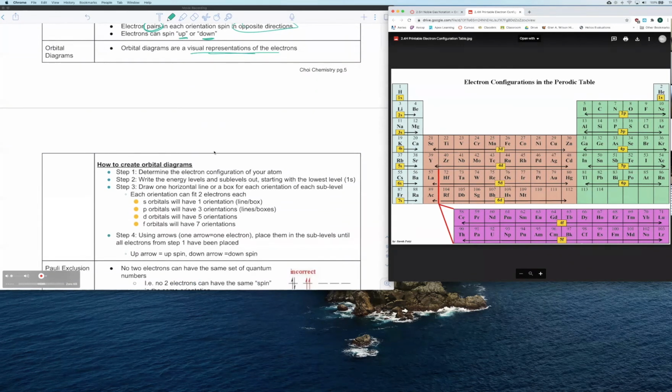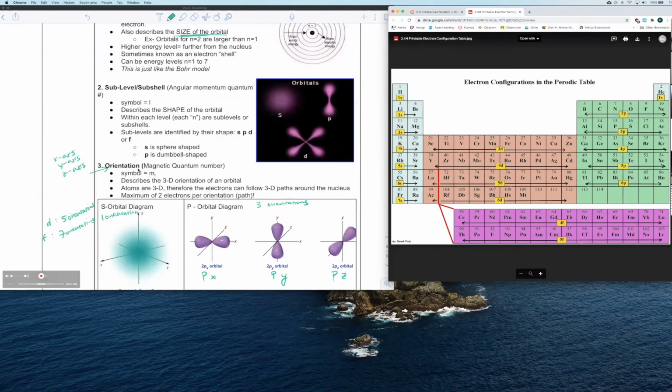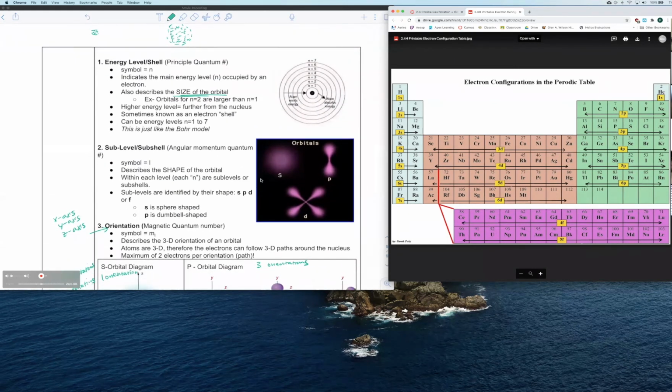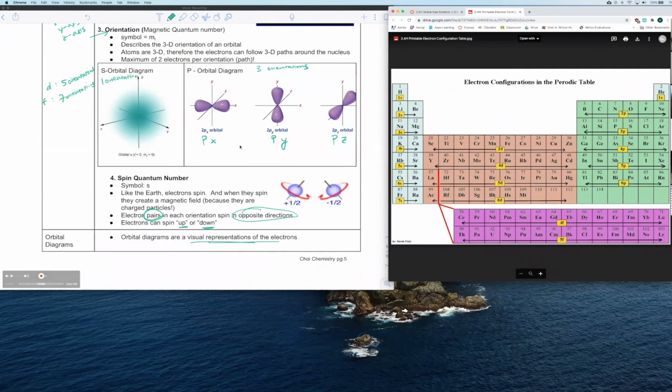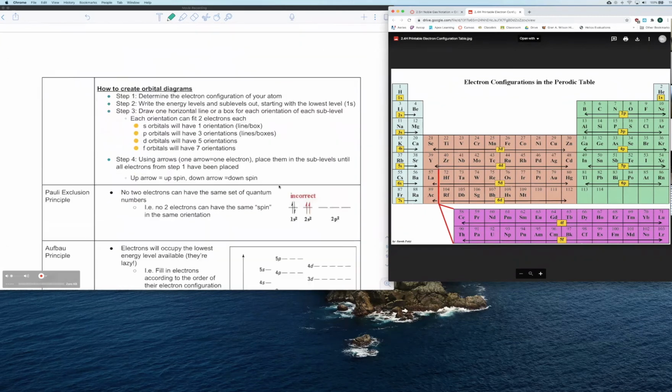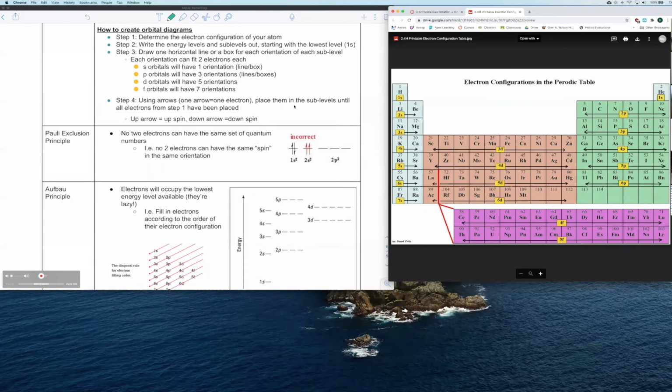Once you draw the orbital diagram, you'll be able to know not only the energy level and the sublevel, but also the orientation, the quantum number, and the spin, so if it's spinning up or spinning down. So these are the steps to creating an orbital diagram. It's going to seem confusing at first, but once I do a couple for you, it should make sense if you go back to it.